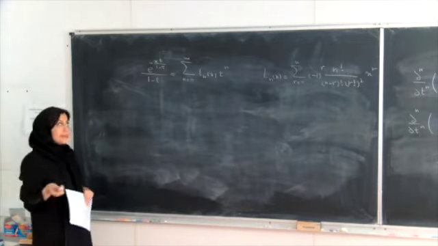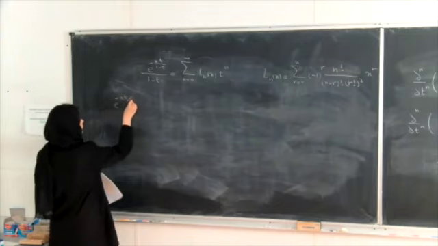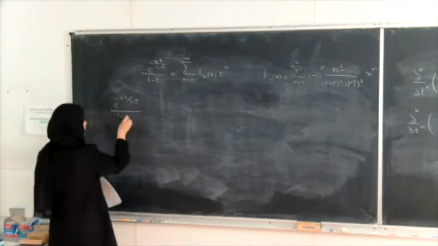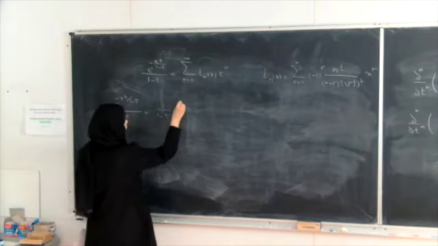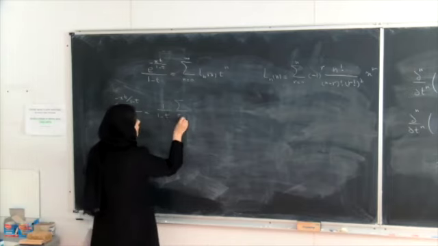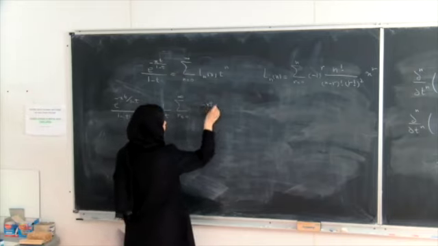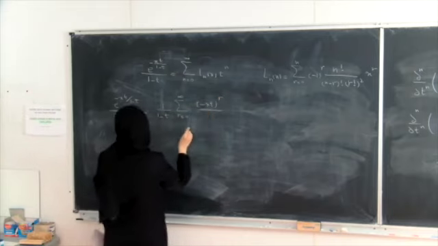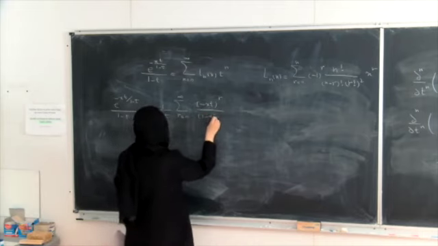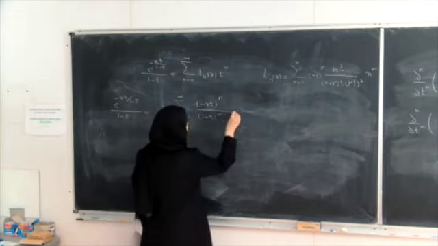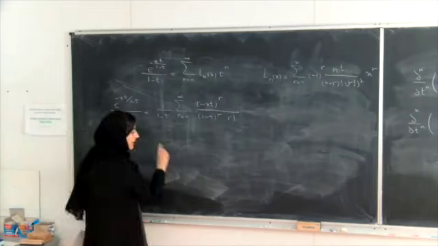Again, by using the Taylor series, we can write the sum over r from 0 to infinity of (-xt)^r divided by (1-t)^r, divided by r factorial.